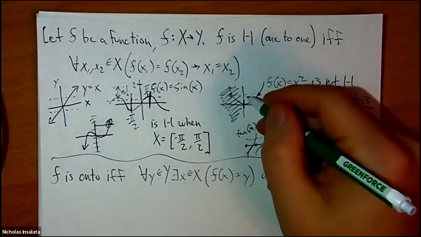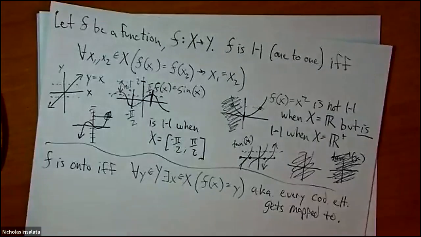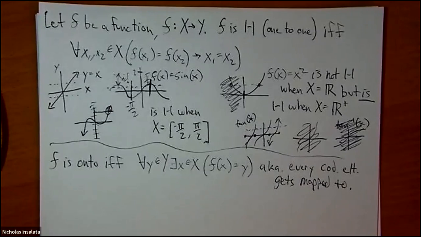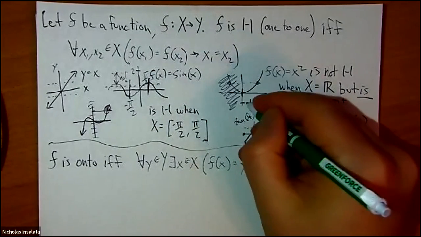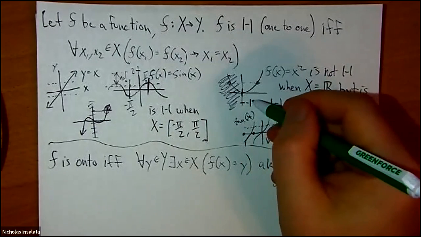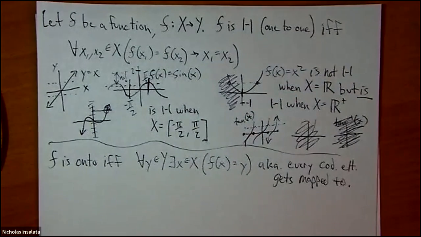So what would be an example of a point on f of x equals x squared that would show that the function is not onto? Which y does not have an x that corresponds to it? Yeah, anything negative, like -1. If I come down here to -1, there's no x that maps to -1 because the function doesn't reach down this far, right?